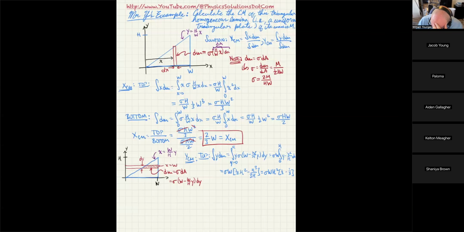So 3/6 minus 2/6 is 1/6. So we're going to get 1/6 sigma h squared w is the top. Anybody find any errors in that? Now I've got to work the bottom.